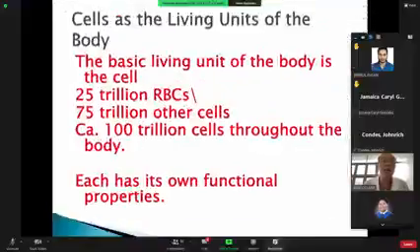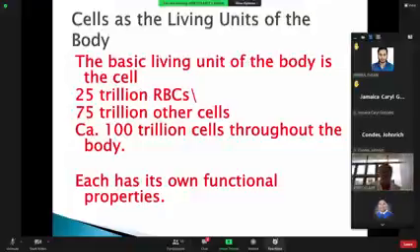So the cell is a living unit. The cell is the living structural unit of the body, because the cell theory states that all living things have cells. So the human is a living organism, and our basic fundamental unit is also the cell. It is calculated to be about 25 trillion red blood cells, or 75 trillion other cells.